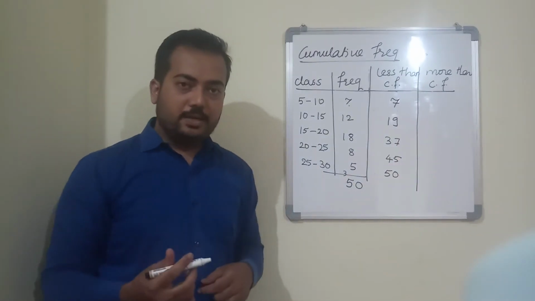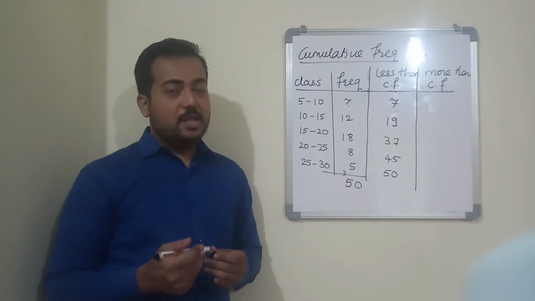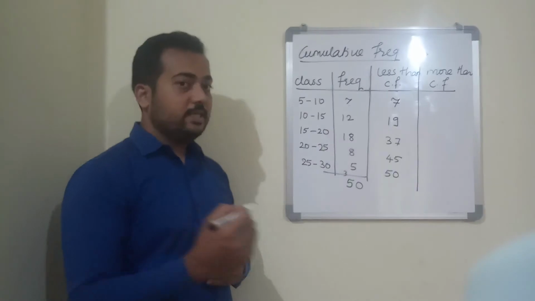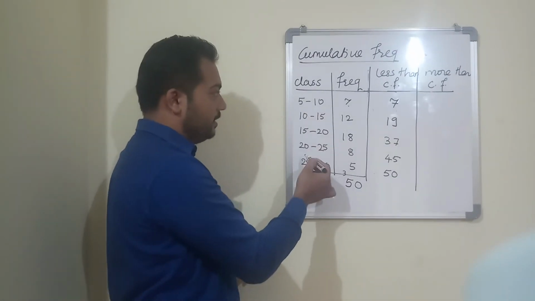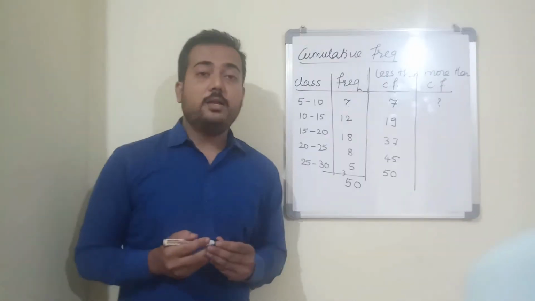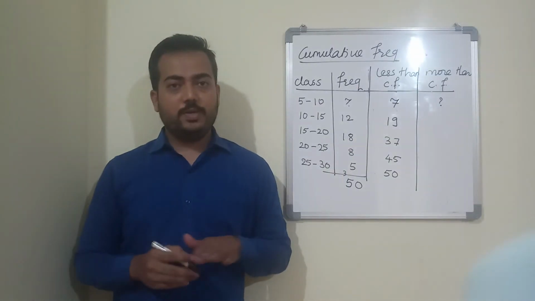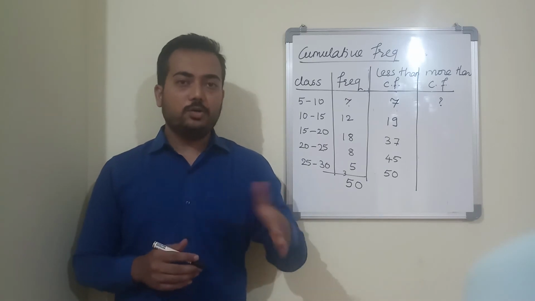Now in the similar way you have to calculate the more than cumulative frequency. So for more than cumulative frequency, lower limit is considered. Now how many values are there which are more than or equal to 5? So for more than cumulative frequency it is considered as or equal to as well.